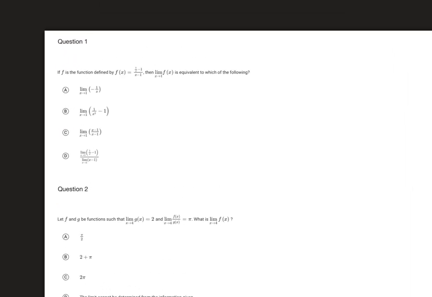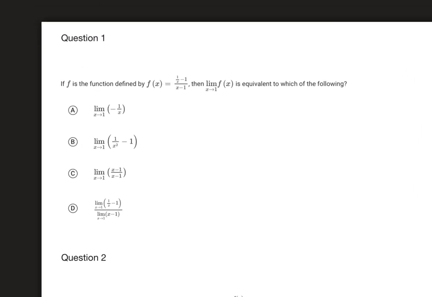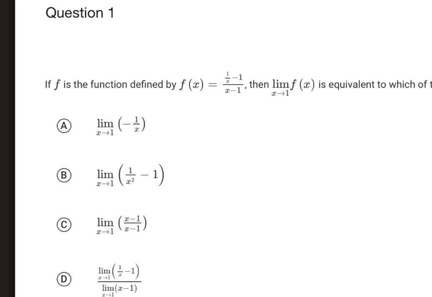Okay, so first one. They say if f is a function defined by f of x equals... So this is a complex fraction, where you have this overall fraction. This is the main fraction bar, and then there's the numerator and the denominator, and in either the numerator or the denominator, in this case the numerator, there's another fraction.